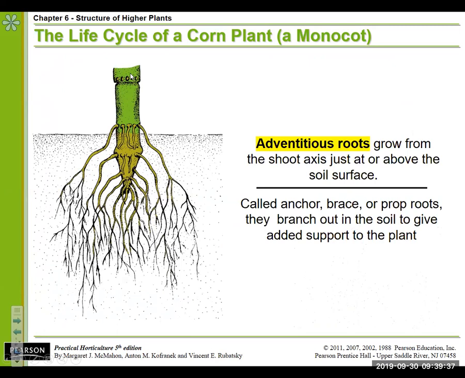So rather than coming from the primary root, the coleorhiza and the radical, they're coming out from the stem itself. And these are called anchor or brace roots in corn because they're just giving added support to that tall plant so it doesn't fall over. We have adventitious roots in a lot of other plants too. They don't just occur in monocots, but it's usually as a response to high moisture levels. So you can imagine that near the soil surface, they would be developing.